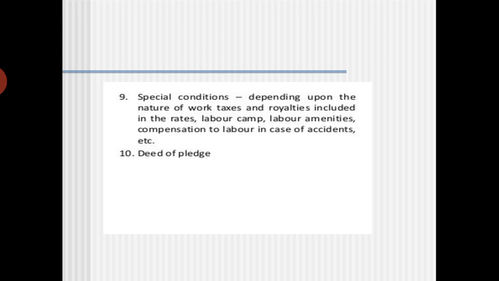Suppose you are going to execute in some of the seasons, then some variations in the rates, labor camp, labor amenities, that has to be included in some of the special cases. Suppose compensation to the labors if an accident happens, all that has to be entered in the tender document. And deed of pledge, that is a pledge, always the contractor's pledge will be there, the contractor's pledge as well as the company pledge, that has to be included in that form.